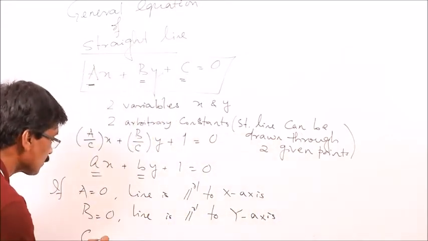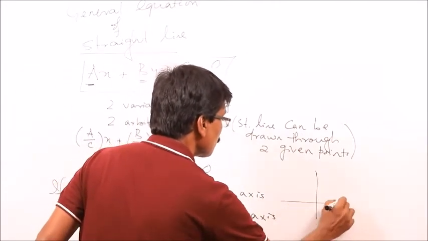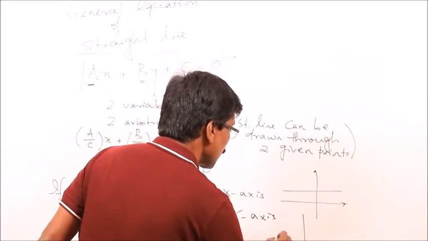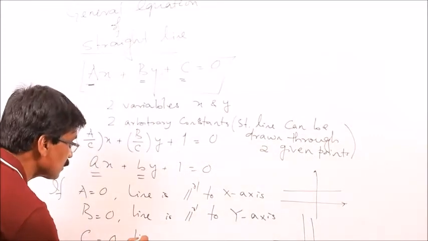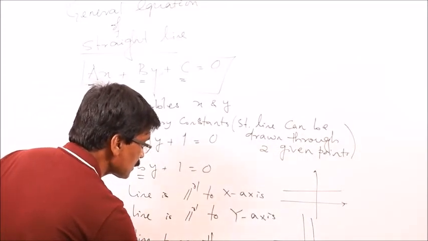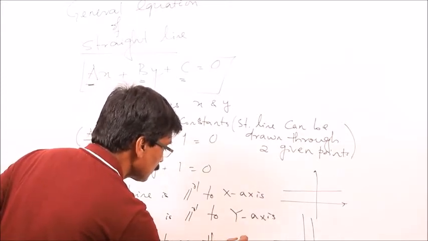If c is equal to 0, the line passes through origin.